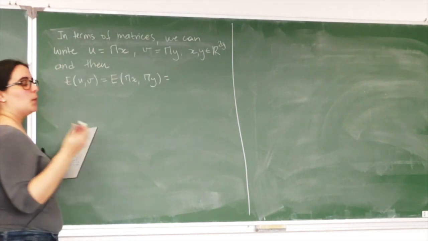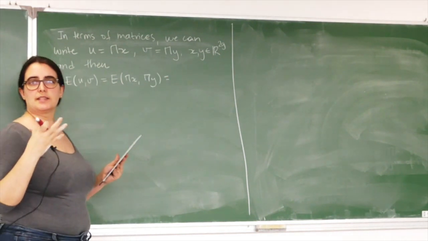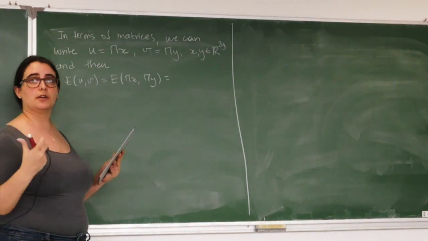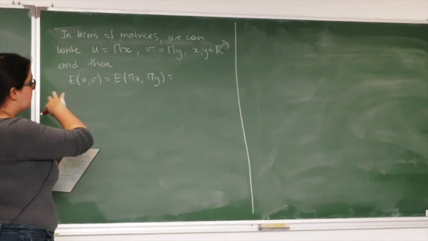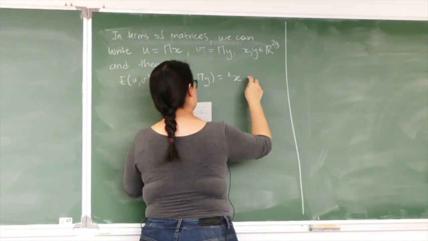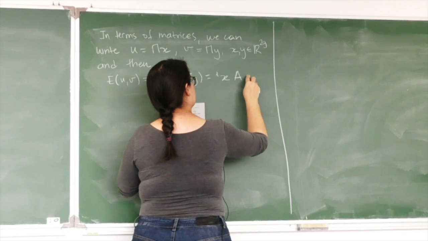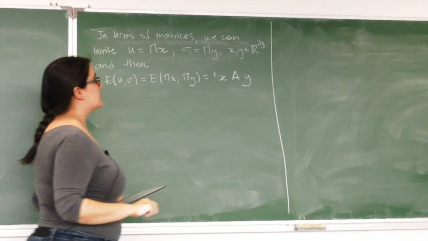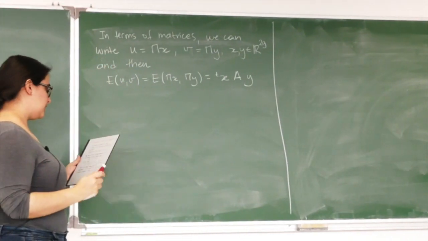And this is what I meant by saying that A is the matrix representation of the map of the Riemann form: this is just the transpose of x times the matrix A times y. This is the choice that we are taking for E.